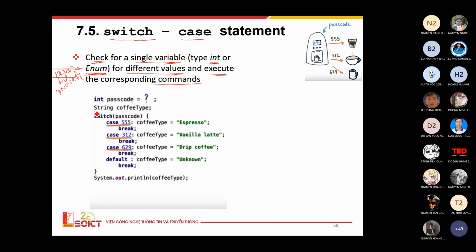Okay. For example, here you use the switch case. You need to check the passcode. Passcode is a variable of the type int. If passcode is equal to 555, you will assign espresso to the coffee type. If it's 312, you will assign vanilla latte to the coffee type, for example.